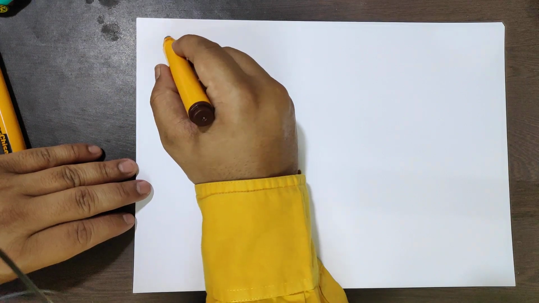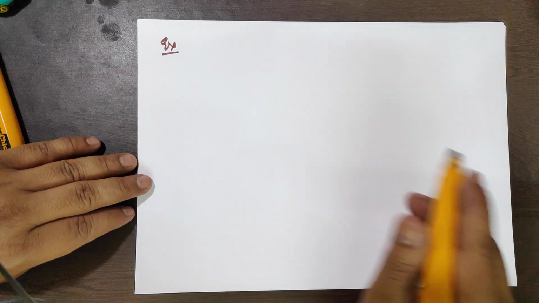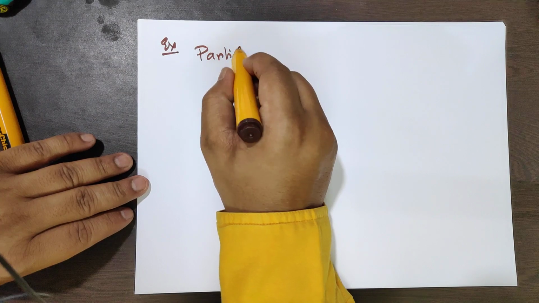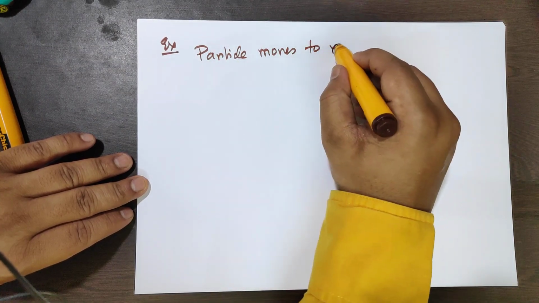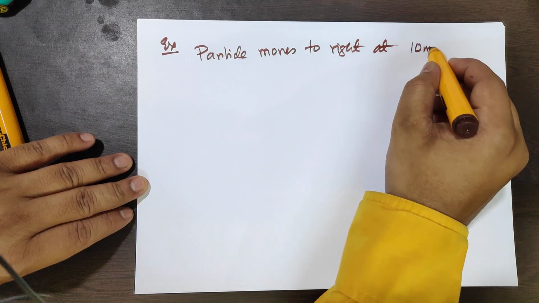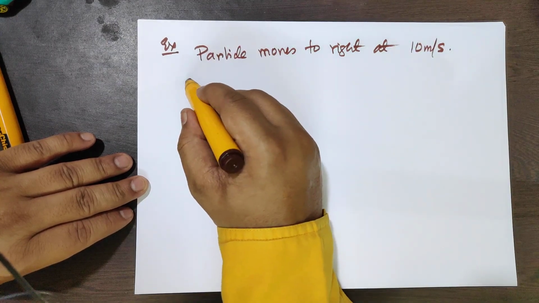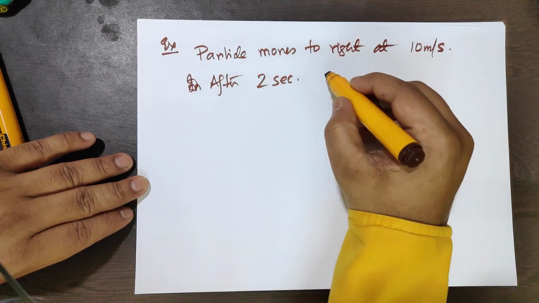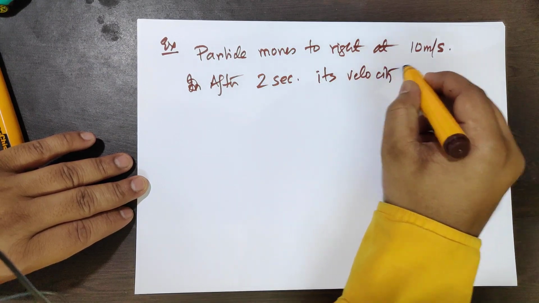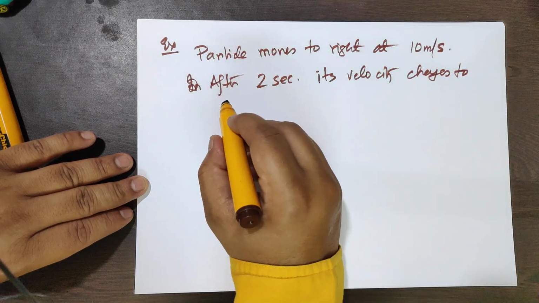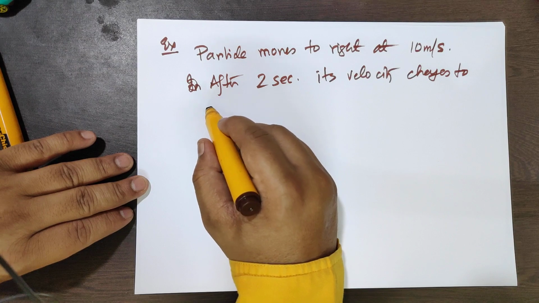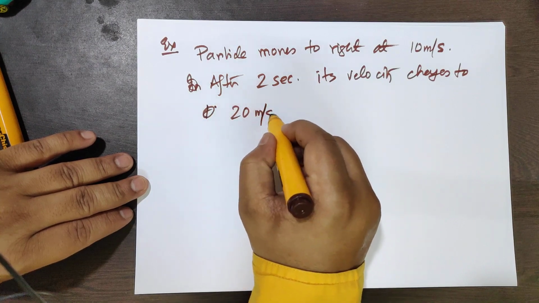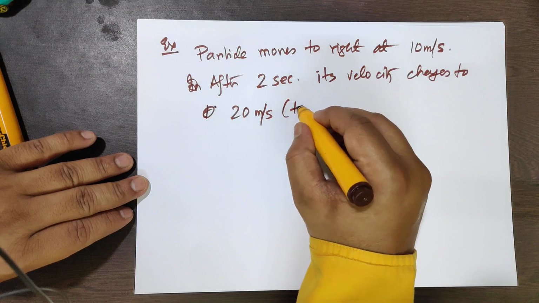Now suppose in an example like this, a particle moves towards right at 10 meter per second, and after 2 seconds its velocity changes to, say, 20 meter per second towards the left.